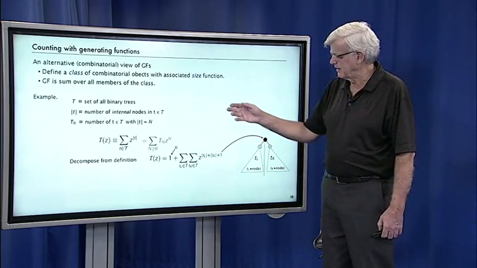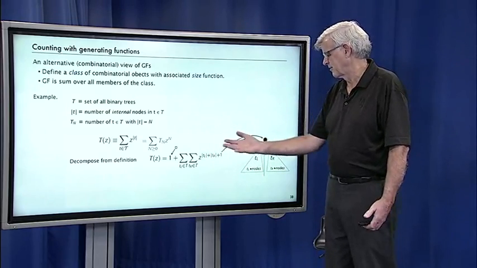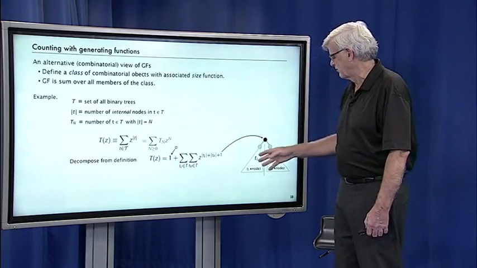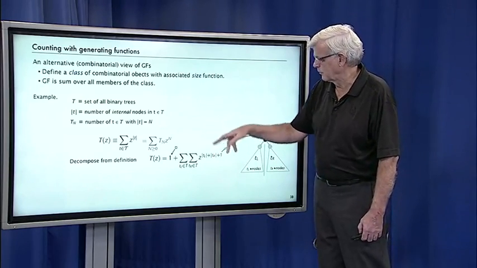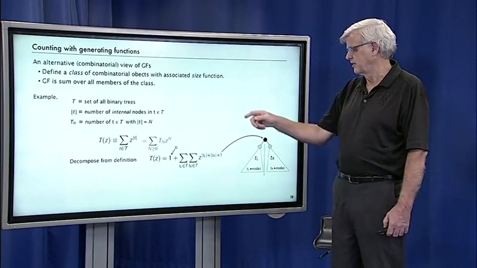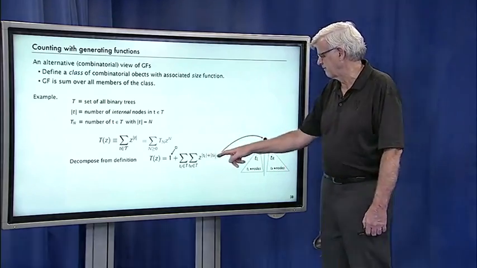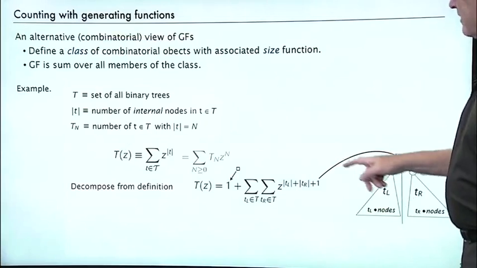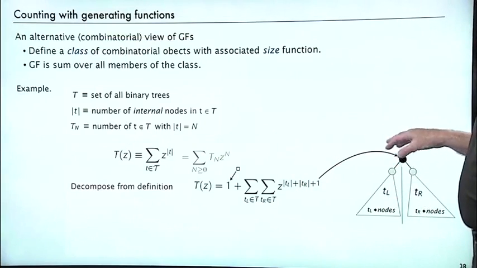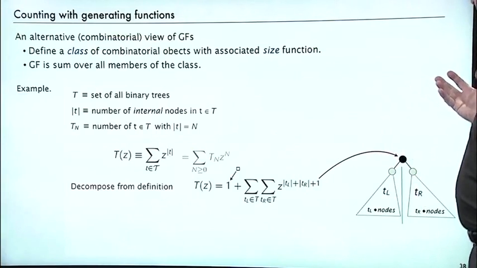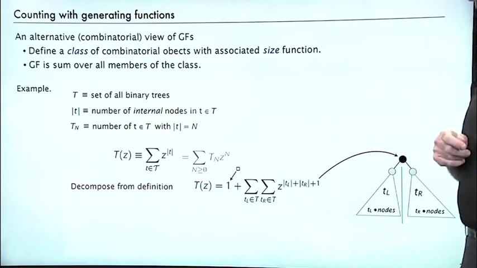If we take the sum over all possible trees, with all possible left trees and all possible right trees, then we have z to the size of the whole tree. That's the size of the left, plus the size of the right, plus 1. So the decomposition that we use to define what we mean by a binary tree immediately gives this equation on the generating function.